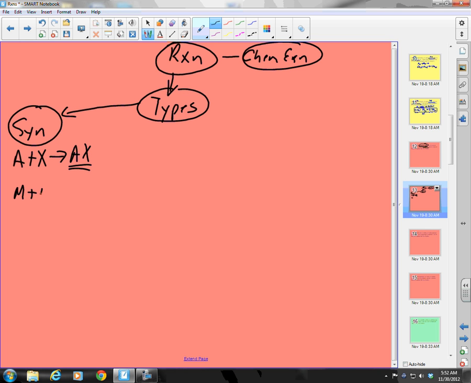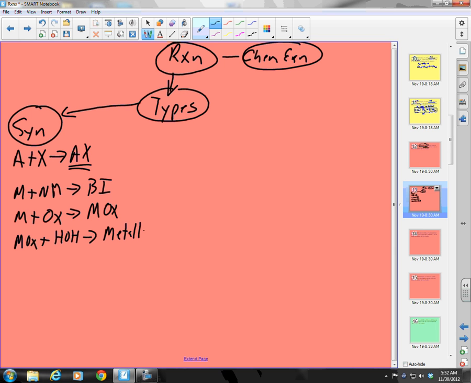There's a metal plus a non-metal, and we've predicted that will make a binary ionic. There is a metal plus oxygen, and that will make a metal oxide. A metal oxide plus water will make a base, a metallic hydroxide.